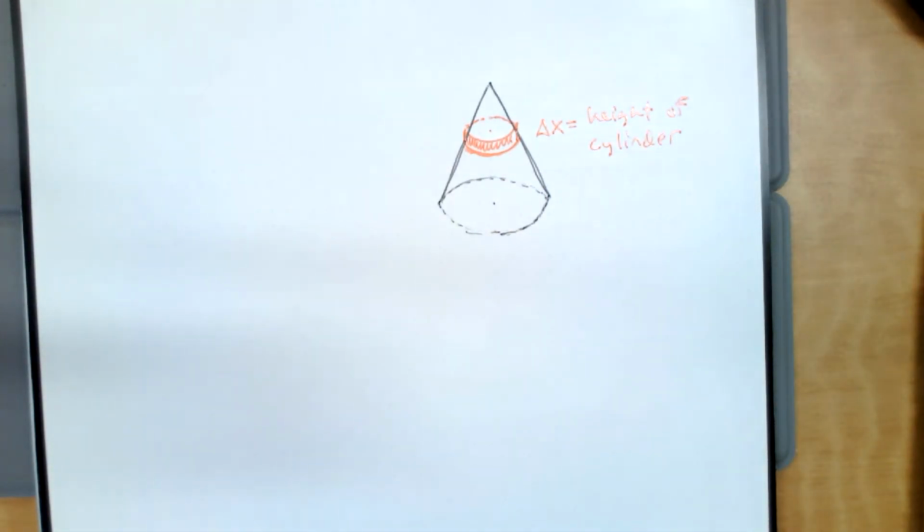Where we were viewing the triangle as a stack of rectangles, we can view the cone as a stack of cylinders.